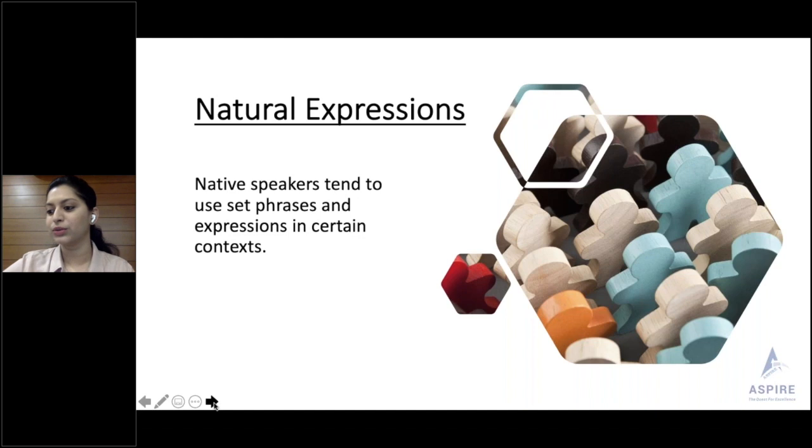Let me give you a few examples. In the medical context, there are certain ways to express ideas that are idiomatic and natural. These natural expressions make the interaction between the two speakers less mechanical and much more friendly. So you will get to know what I mean.